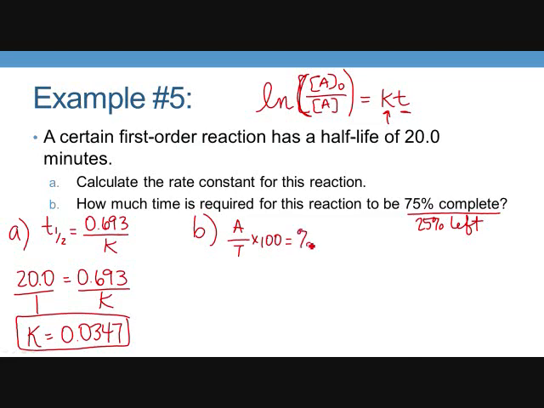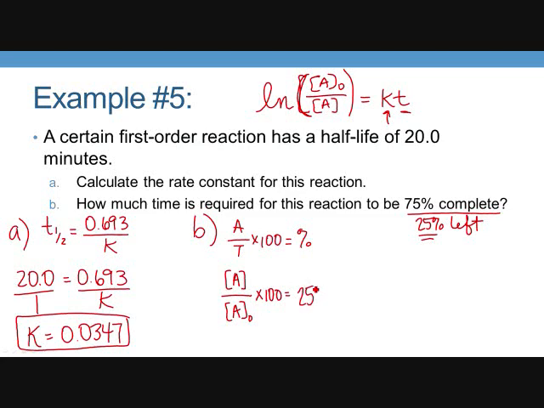The theoretical would be the initial concentration, because theoretically you should use all of it, right? And then what's actually left is A. So from that ratio, when you multiply by 100, it's equal to the 25% left.